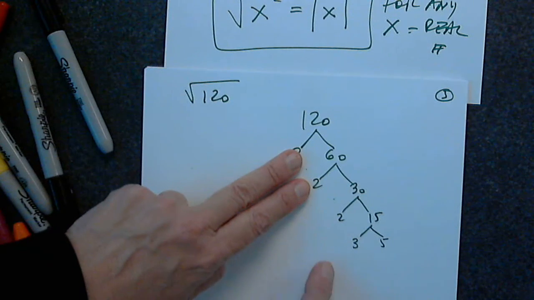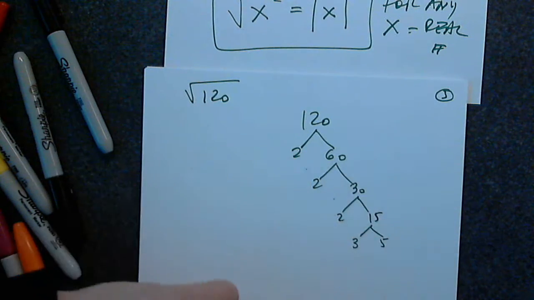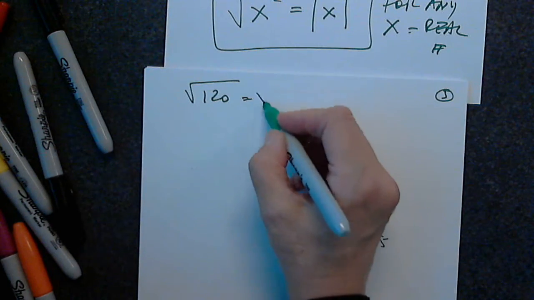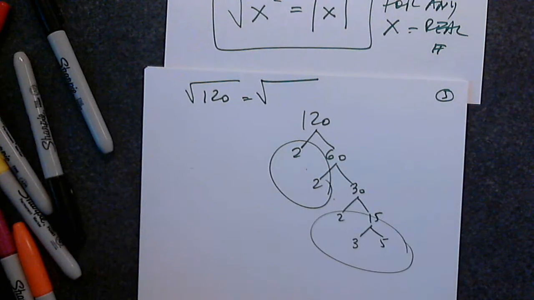I have a 4, and this is 6 times 5. That's not a perfect square. 2 times 5 is not a perfect square. Nothing else works.